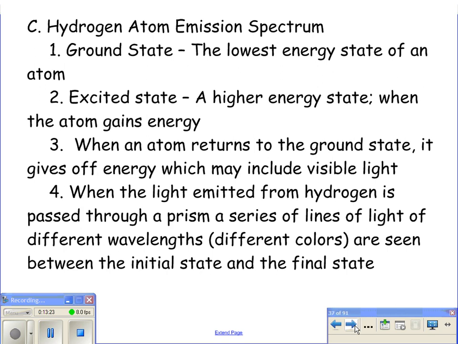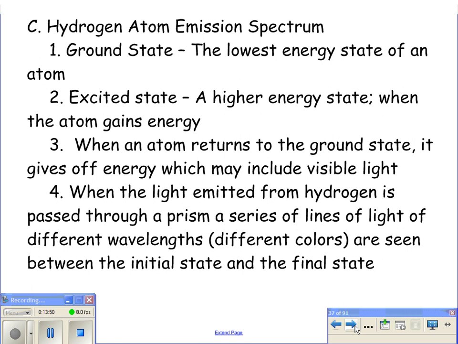Now, they started with hydrogen because remember, they first thought that what color it was had to do with how many electrons it had. So they started with hydrogen because hydrogen, the first element on the periodic table, has one proton and one electron. So they felt when they passed the light through a prism and it separates into the different colors, there's only going to be one color because there's only one electron.